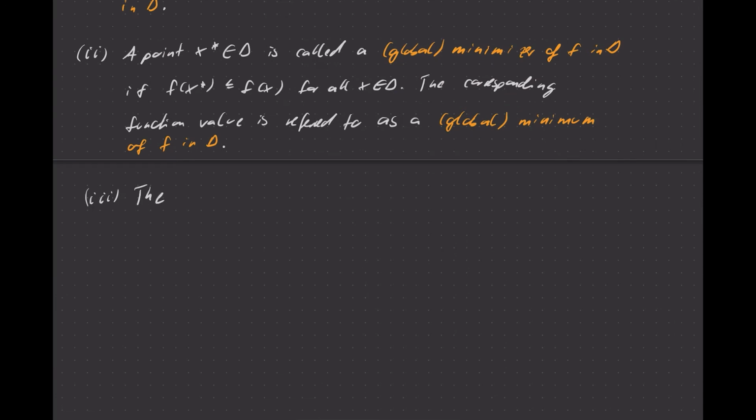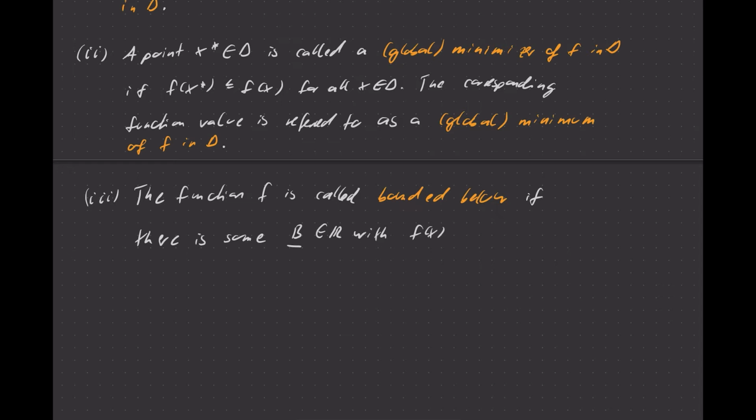The function f is called, let's start with bounded below, if there is some constant, we call it b underline, in R, such that f of x is always greater or equal to this b underline for all x in the domain.